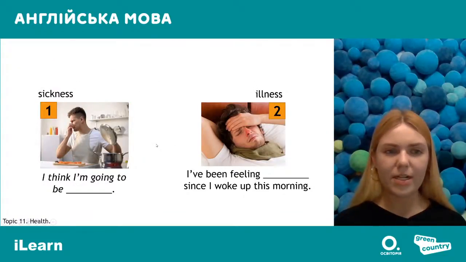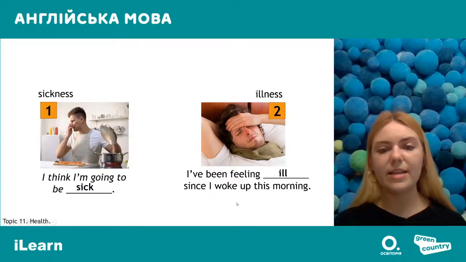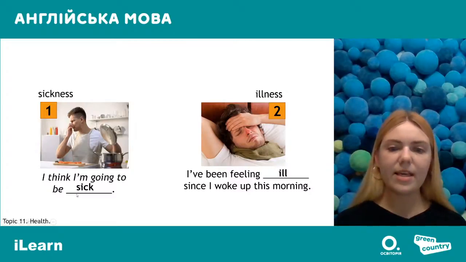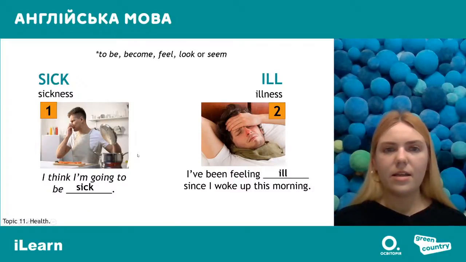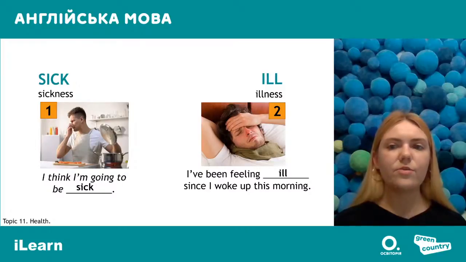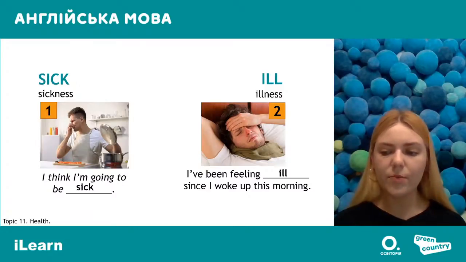And also some more words, and we'll discuss the difference between them. So here in the first sentence, we can say, I think I'm going to be sick. And in the second, we can say, I've been feeling ill since I woke up this morning. So let's talk about the difference between sick and ill. First of all, when we speak about American English, usually there is no difference. In American English, we can use sick and ill as synonyms. В американській англійській sick and ill можуть використовуватись як синоніми і означає хворіти, погано почуватись.